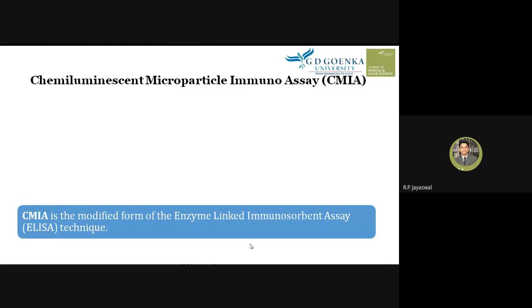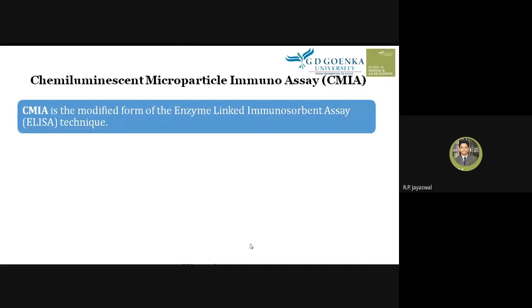This method is a modified form of the ELISA, enzyme linked immunosorbent assay. So when ELISA is modified, we can call it a CMIA.